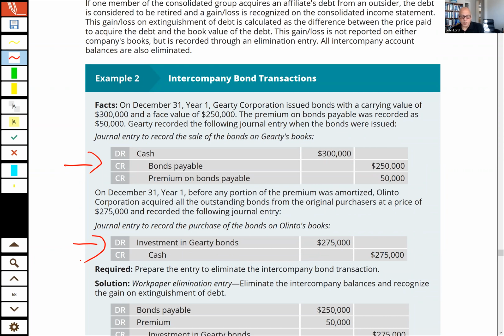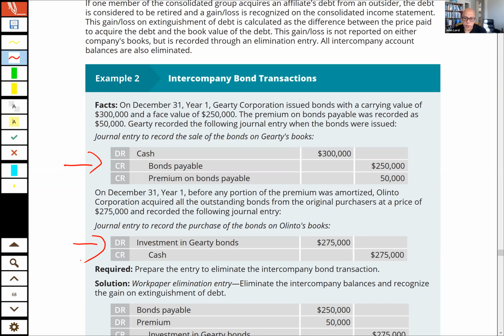Now, what happens? On Garrity's books, they're reporting an investment of $275,000 in credit and cash, and presumably, if that bond is held to maturity, when Garrity finally goes ahead and redeems these bonds, gets cash back for these bonds, Garrity will get what? Will get the full $300,000, right? That's the way a premium bond works. Okay, you give up your cash, you buy it for more than face.